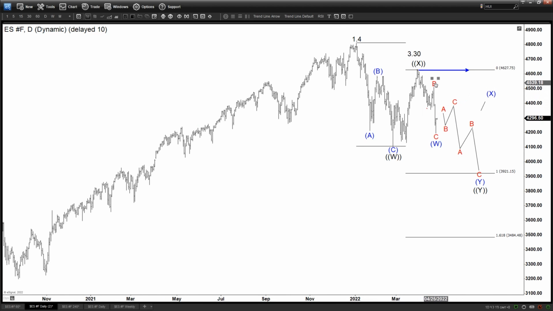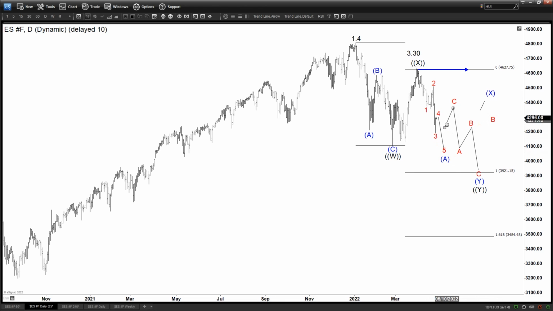That means this is a 1, 2, this is a 3, and then you've got a 4, and you've got a 5 down, and that will end as an A instead of a W. So that will be a possible alternate while maintaining the bearish view, and then you will get a B before a C. This is still maintaining the same bias on the downside.